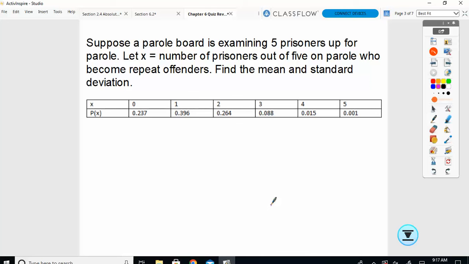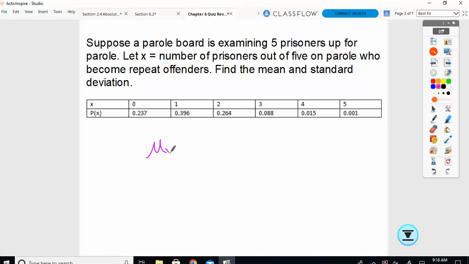So then we go into Stat, Calculate, one variable statistics. Your list should be L1. Frequency list should be L2. Your calculator may already have that because that's probably the last thing we calculated in here. But list L1, frequency list L2, and then hit enter.